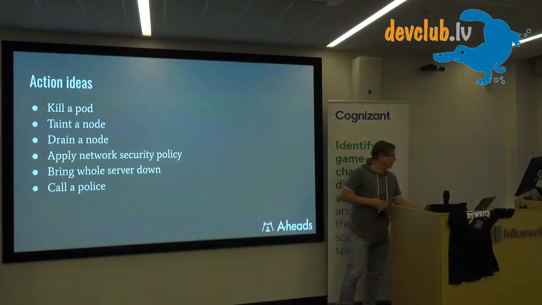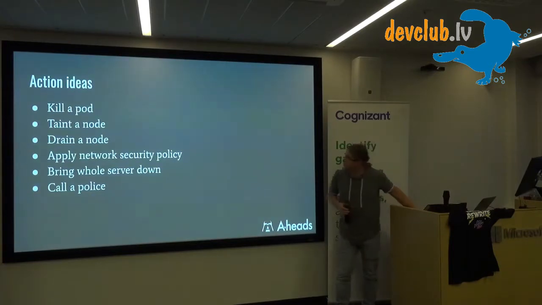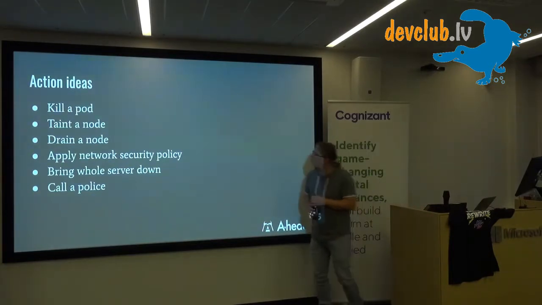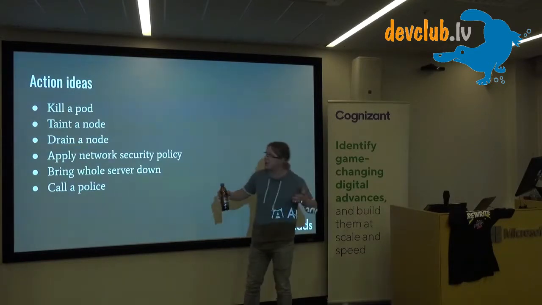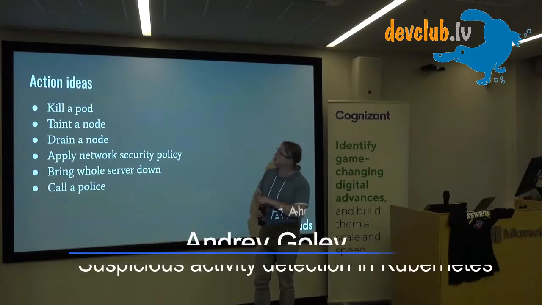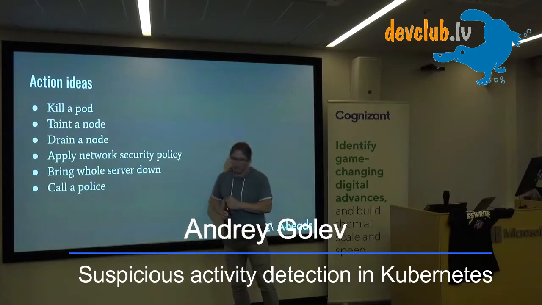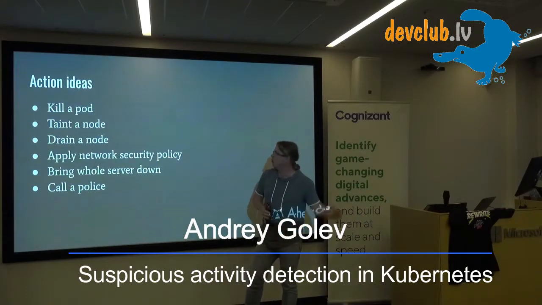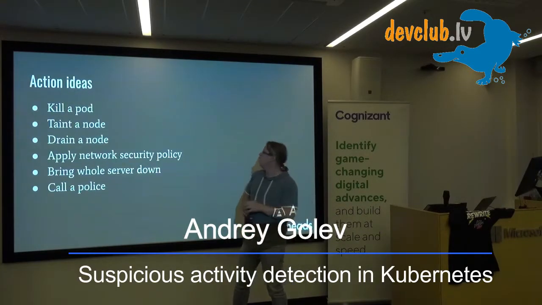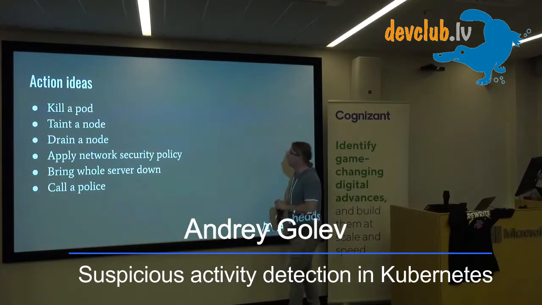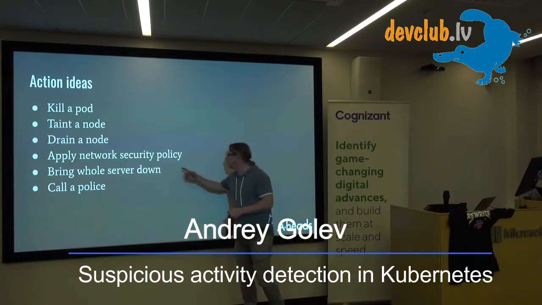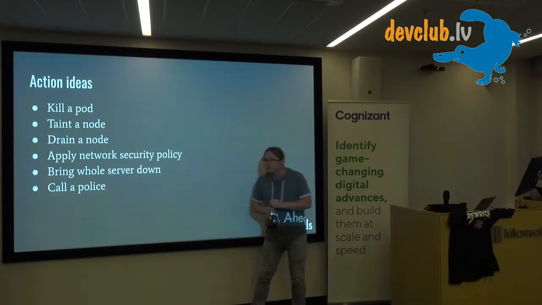Here are some ideas of actions, like what we can do with Falco in case something suspicious happens. We can kill a pod when it behaves oddly. In terms of security, we can taint a node, to not allow Kubernetes to schedule more pods to it. We can drain a node to remove everything from the node, or, more interestingly, we can apply a network security policy.